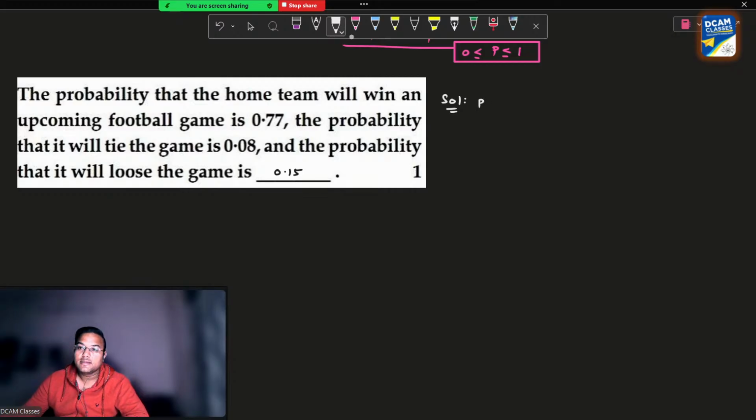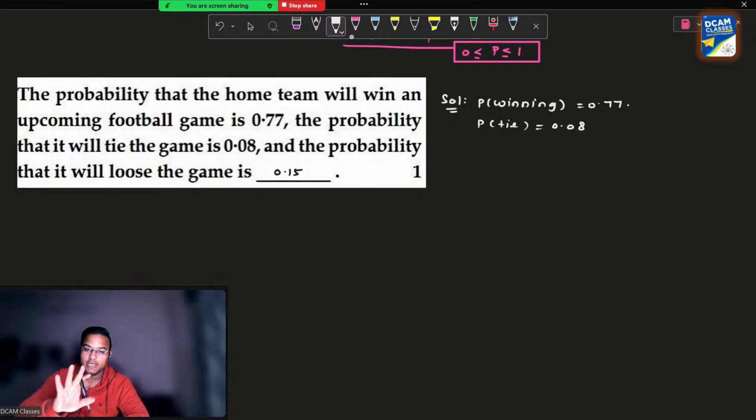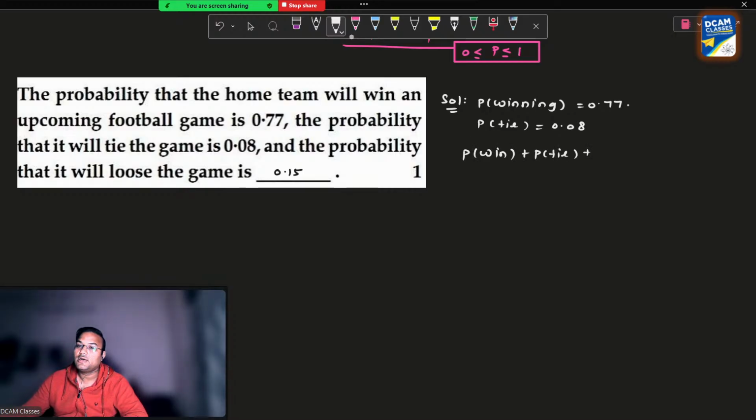Yes, sir. The probability of winning is 0.77. Probability of tie is 0.08. Probability that it will lose the game. See, when a game is played, there are only three possible outcomes: either there will be a win, or a tie, or a loss.